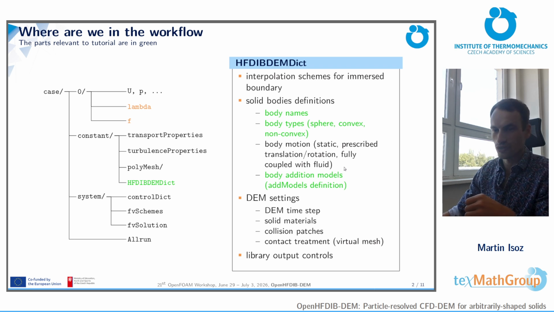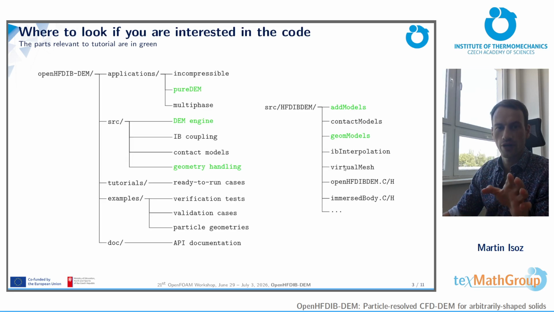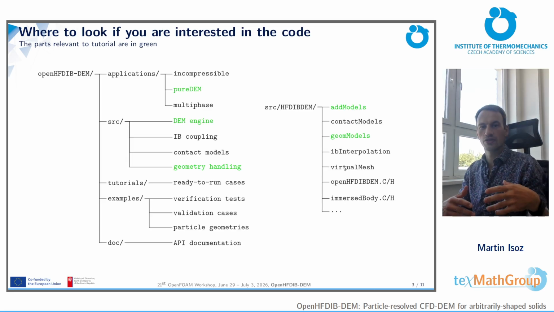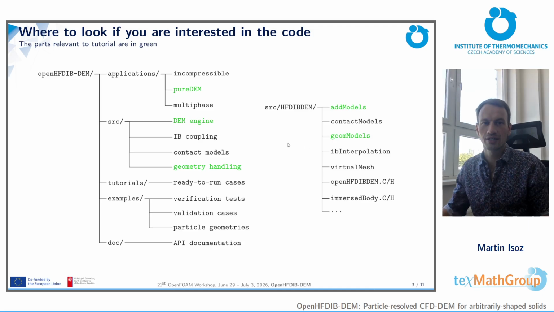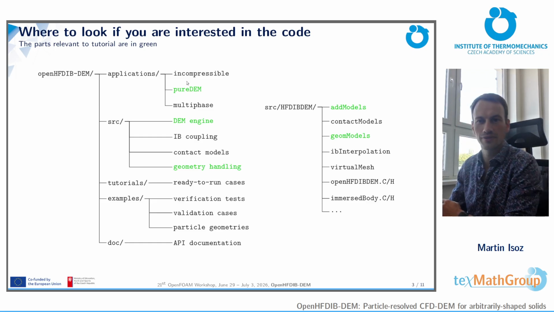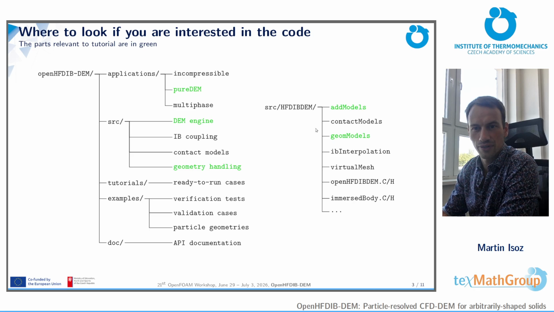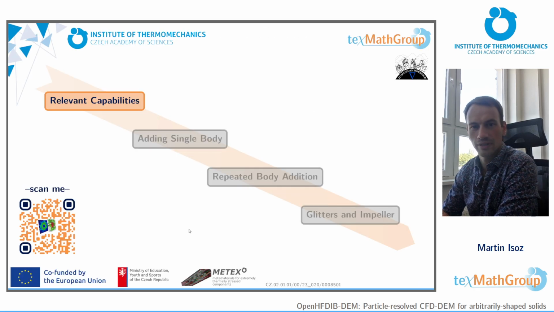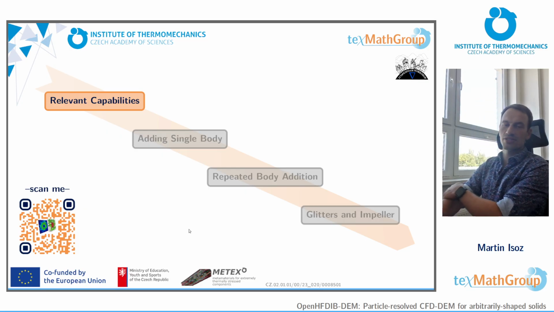computational domain. If you are interested in the code of our library, on this slide I highlighted the relevant parts in the source code that we will work with. Now let's jump into adding solid bodies into our domain.